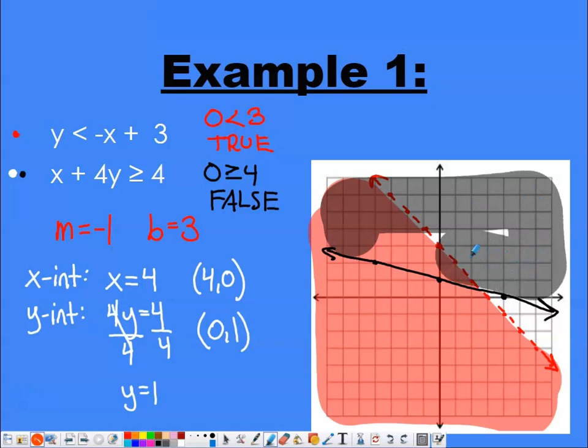Okay. And remember, we're looking for the common shaded area. So I see the red area is all, let me use a better tool. So the red area is all this area. The black area is all this. We're just interested in the common overlap, which is this section right here. So I like to take another color and really highlight to make sure that I know that that is the correct answer.